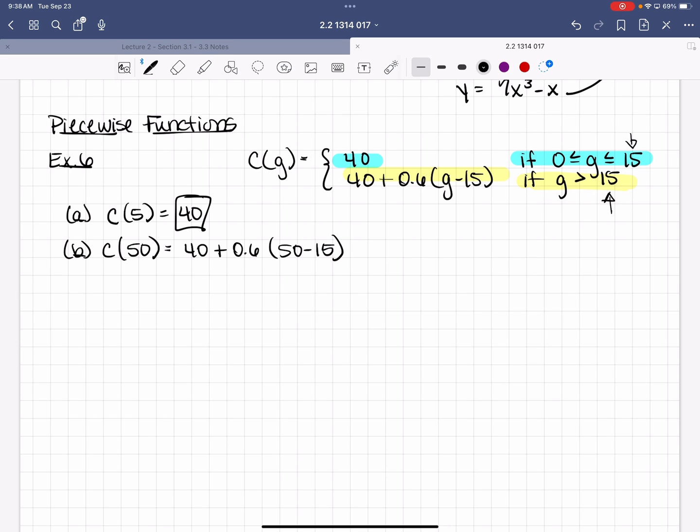All I did was plug in 50 for my G, right? So 40 plus 0.6 times 50 minus 15 is what, 35? And you do get to use your handy dandy tiny calculator. Is 0.6 times 35 21? Yes. Okay, so that's going to give me 61.